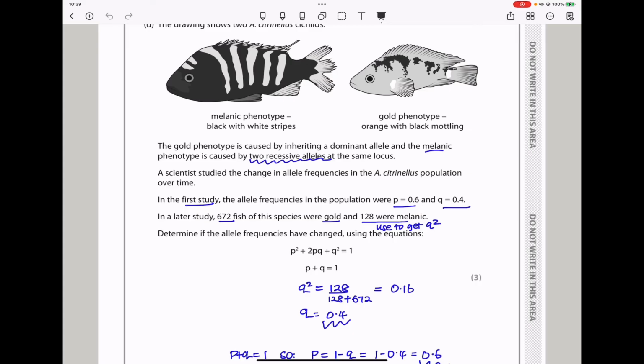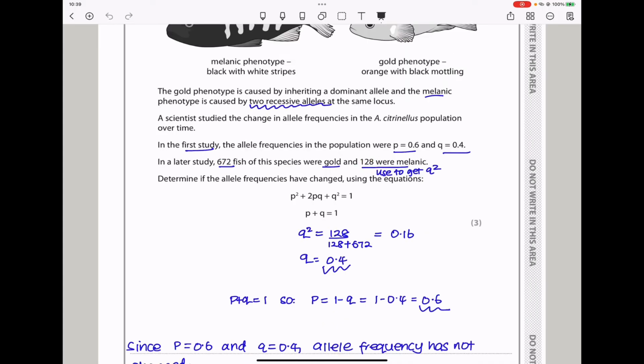Determine if the allele frequencies have changed using the equation p squared plus 2pq plus q squared is equal to 1 and p plus q is equal to 1. These were gold and these were melanic. The total is going to be that plus that. So to determine the melanic, which is recessive, I said melanic q squared is equal to 128 divided by 672 plus 128, which gave us q squared.